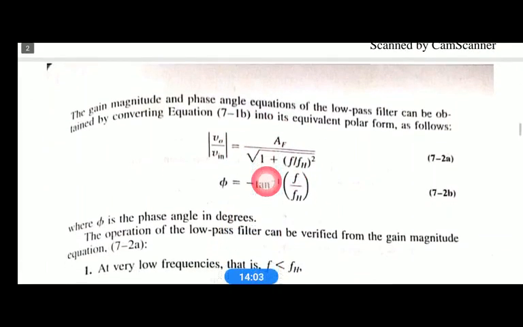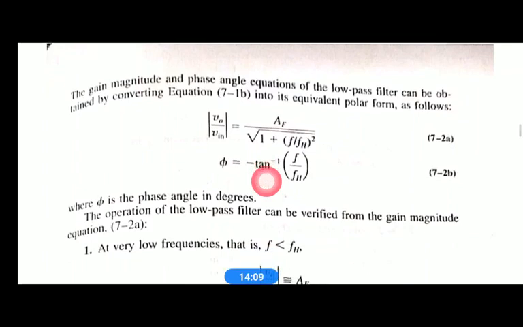You know how to take magnitude from imaginary form: root of real square plus imaginary square.